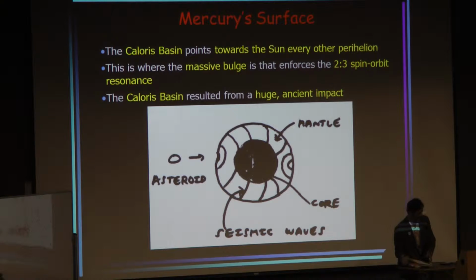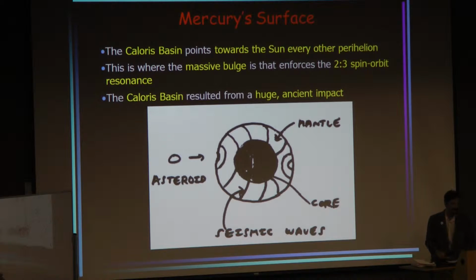We have this huge impact coming in, and seismic waves going through and forming not only the Florida Basin but what we call this weird terrain on the other side. I'm not too interested in that at the moment. But what we want to talk about is how this is related to the 2 to 3 spin-orbit resonance again.